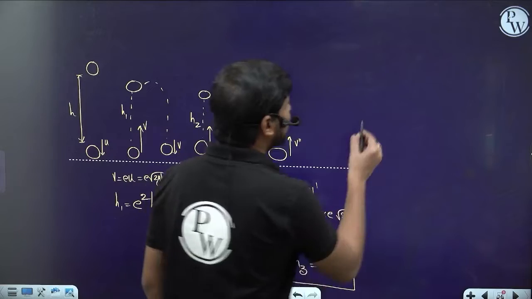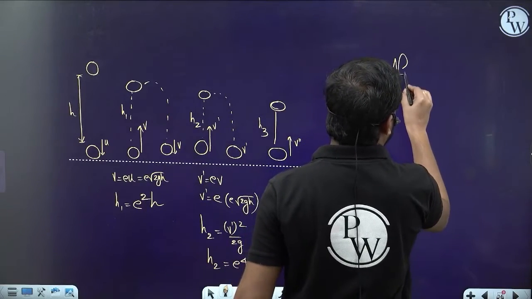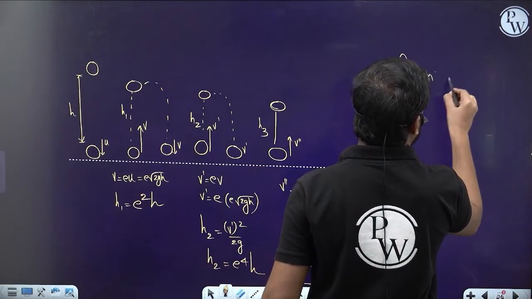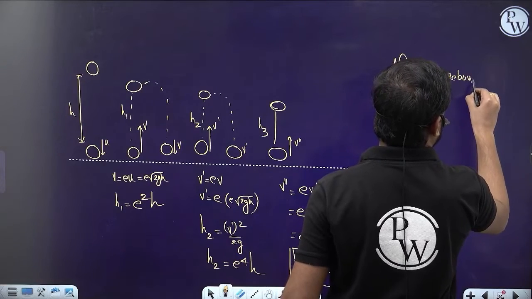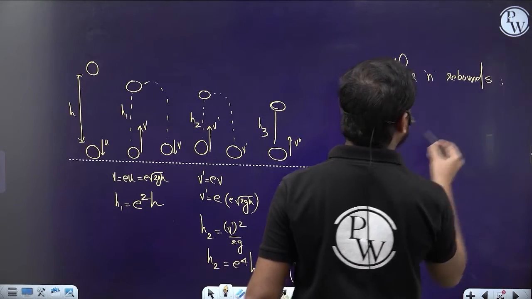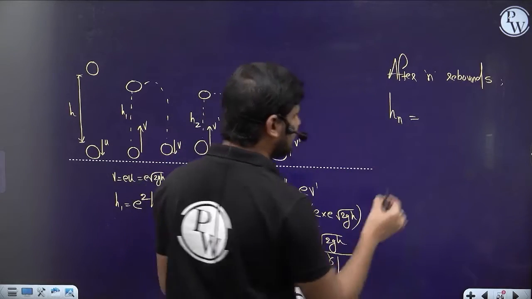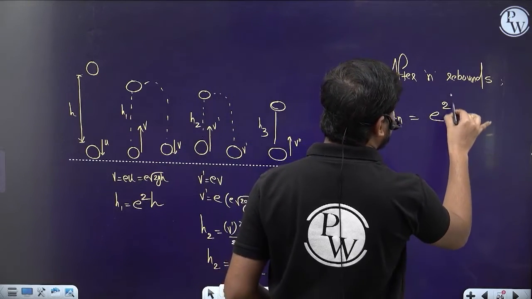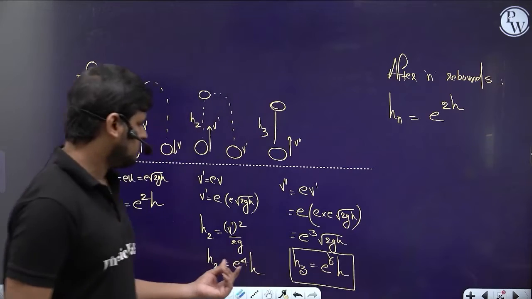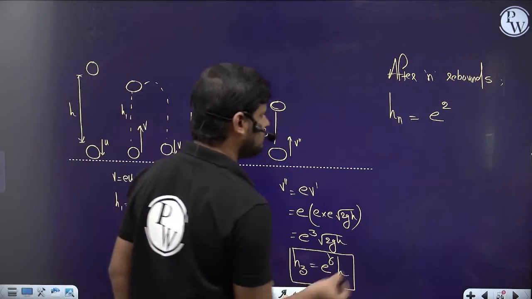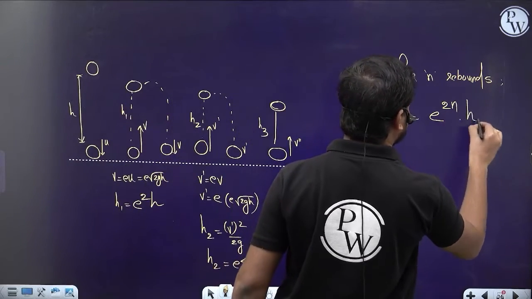So now after n rebounds, it rises to a height, and the general formula we can write is e to the power 2n into h.